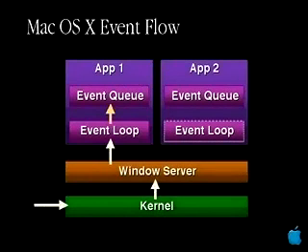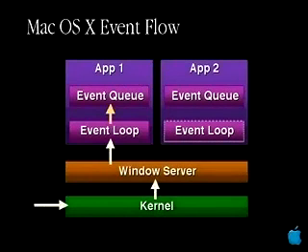The Windows server is actually where the interesting part happens, because the Windows server has the knowledge necessary to determine what app this event should go to. So it does that by looking at what the frontmost process is. If it was a mouse down, what window did the mouse happen to hit? And depending on what the state of things are, it'll finally send the event up into the application's event loop. And of course, the event loop just turns around, creates a Carbon event, and puts it in the event queue.